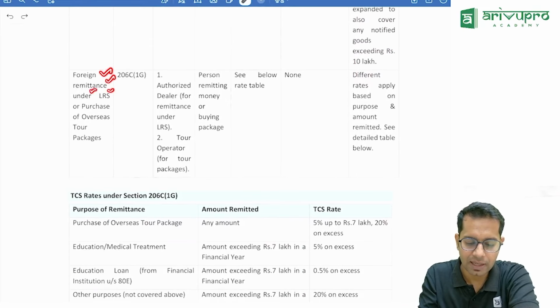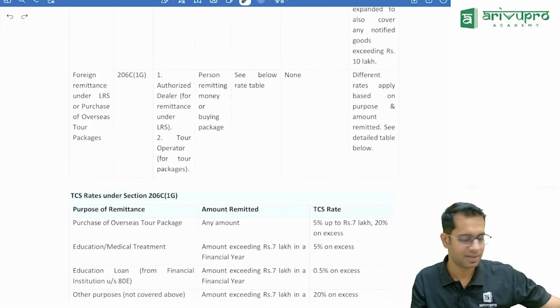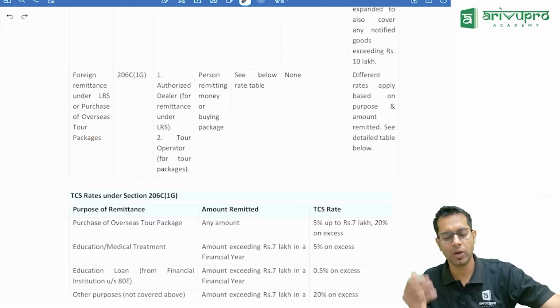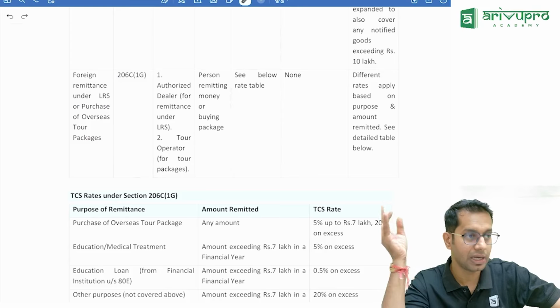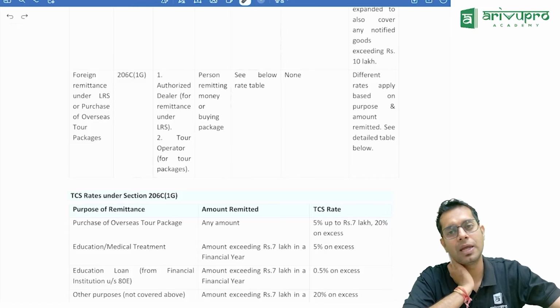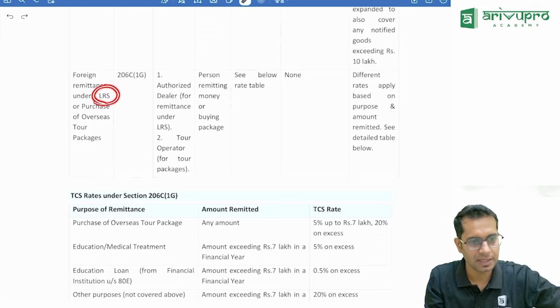Foreign remittance under LRS or purchase of an overseas tour package. Meaning you are going outside India and taking tour packages, or you are remitting money outside India under the Liberalized Remittance Scheme.